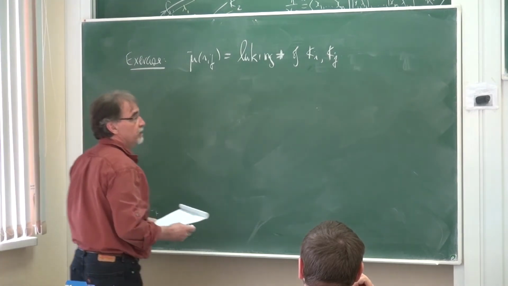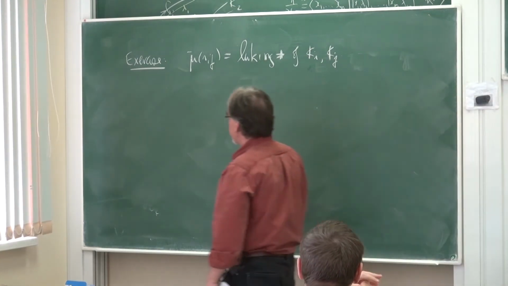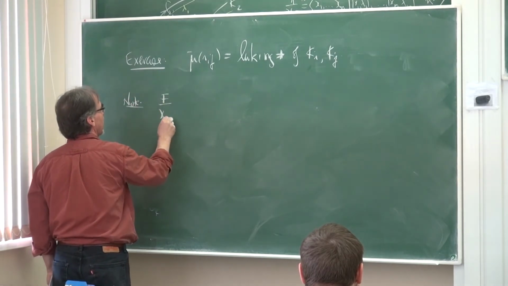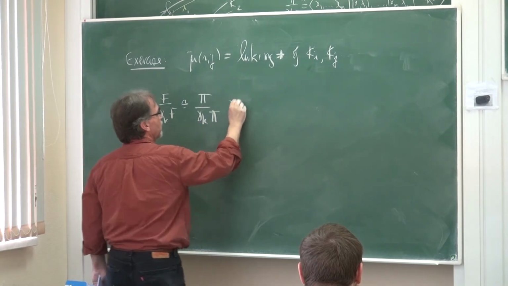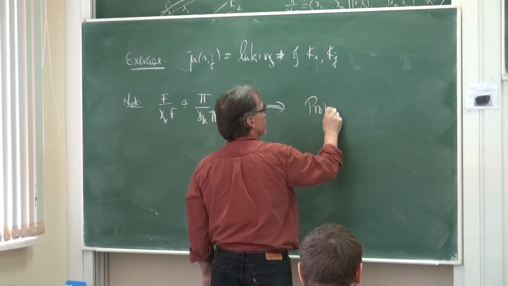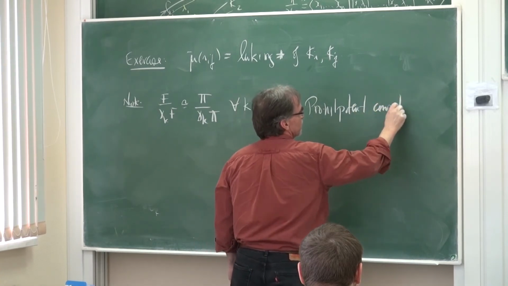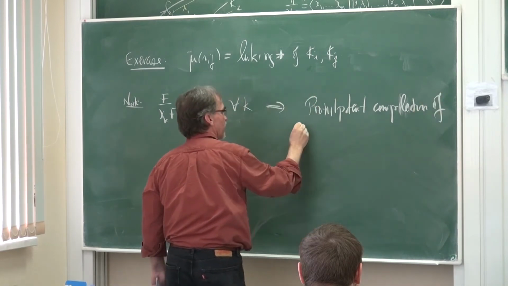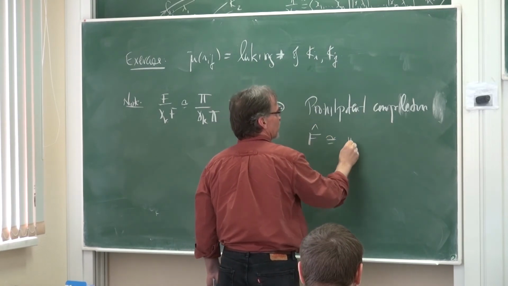Now, there's another thing I can note. Let's make a little comment: F mod gamma k of F is isomorphic to pi mod gamma k of pi for all k implies that the pro-nilpotent completion F hat is isomorphic to pi hat.